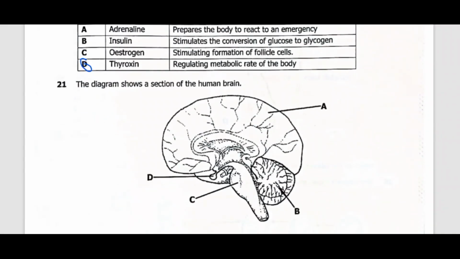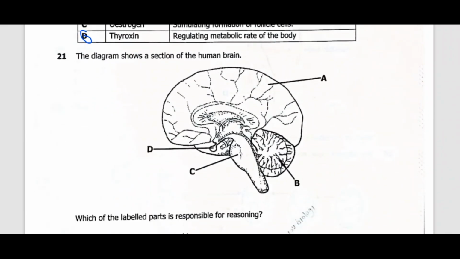Then for question 21, the diagram shows a section of the human brain. So our A is the cerebrum. Then our B, we have the cerebellum.